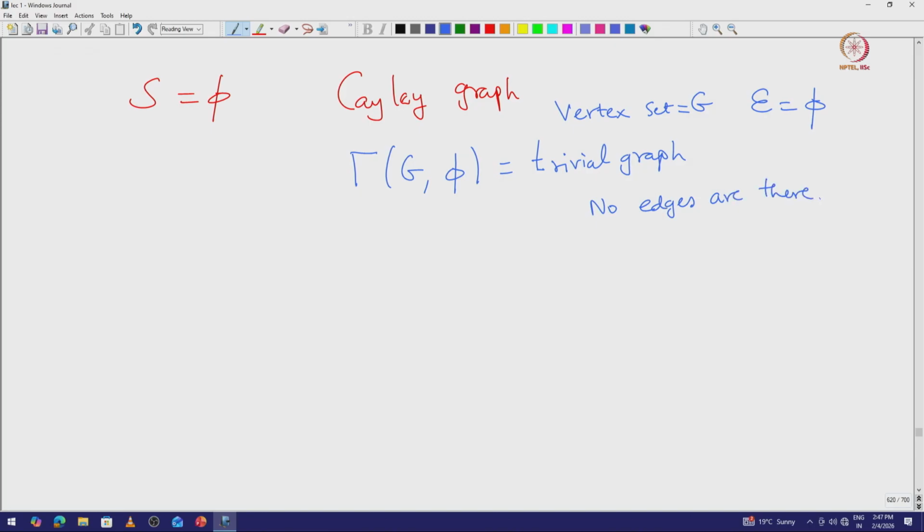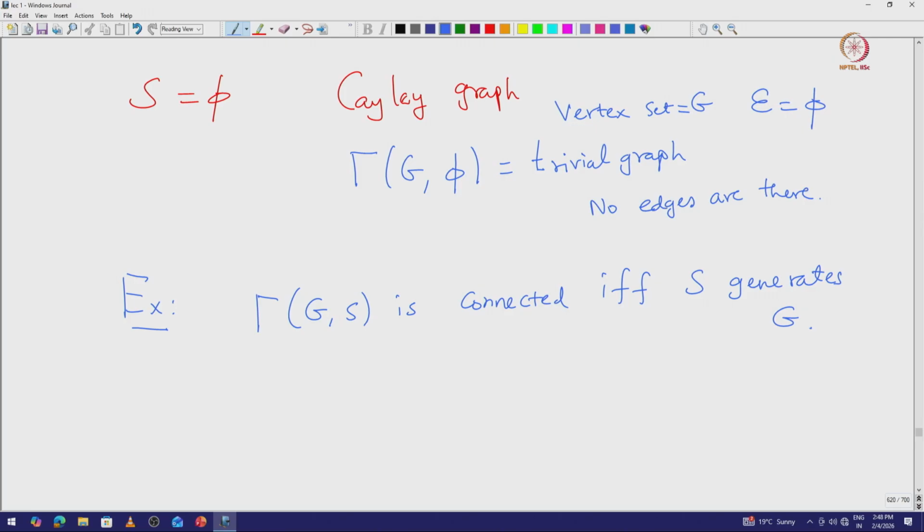And it is an easy exercise to see that this Cayley graph is connected if and only if the set capital S indeed generates capital G. Maybe we will leave it as an exercise. So, gamma G S is connected if and only if S generates G. What is the meaning of connected?